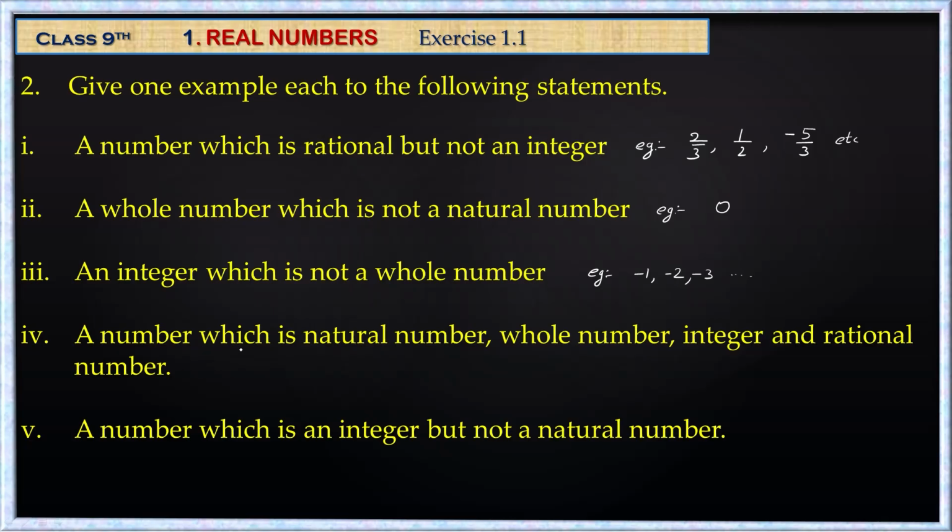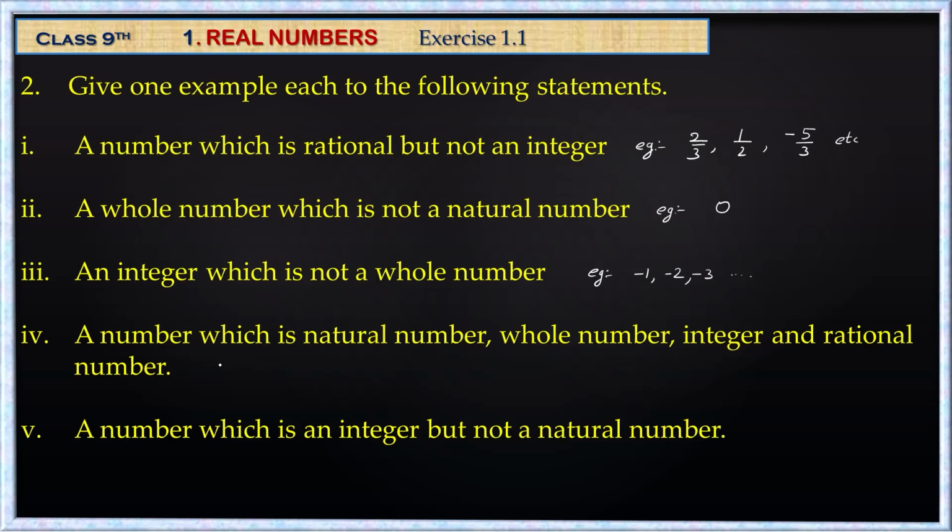Fourth one, a number which is a natural number, whole number, integer and rational number. So we can give the example as natural numbers, because every natural number is a whole number and an integer and a rational number.